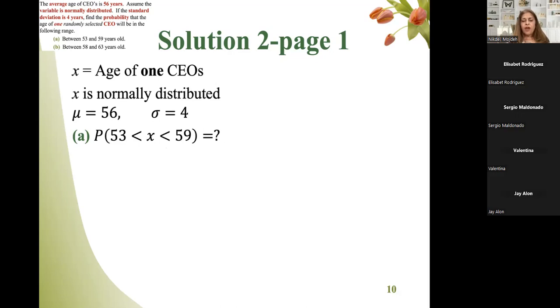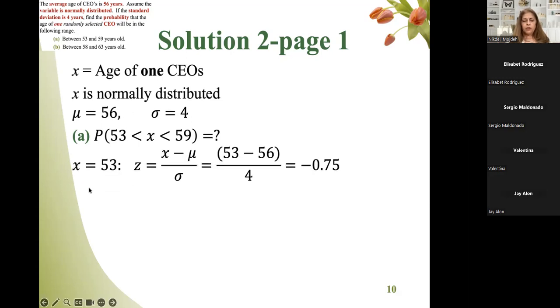Okay, we have to find Z for each X. We have two X values, 53 and 59. We have to find two Z values. When X is 53, this is the Z score formula that you use.